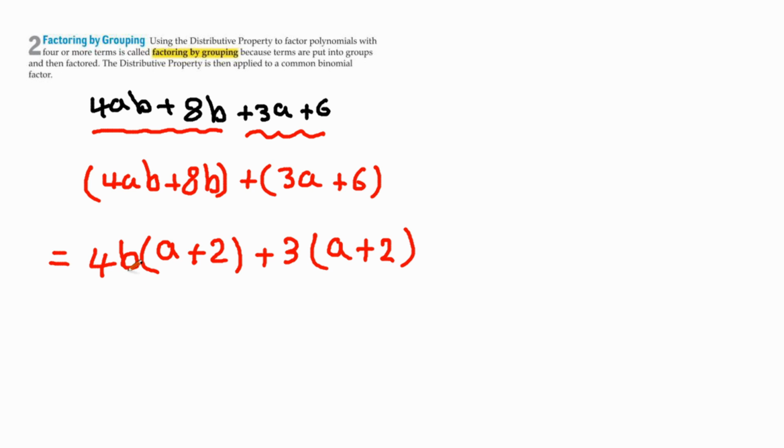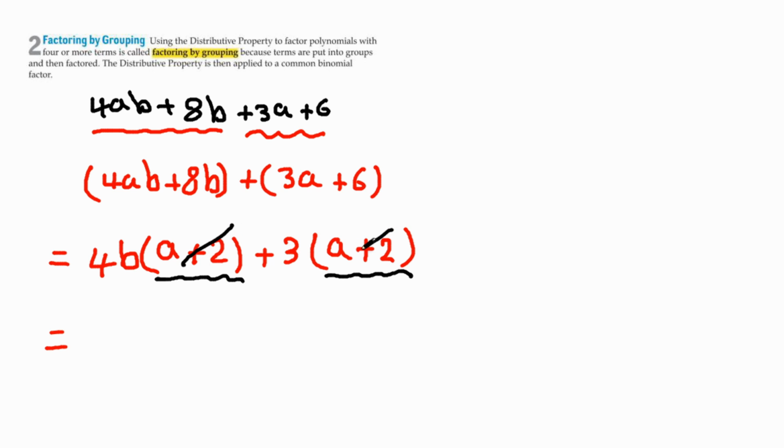Always, you can check your answer step by step by using the distributive property. If we multiply 4b by a, we get 4ab. And if we multiply 4b by 2, we get 8b. And here, same. If we multiply 3 by a plus 2, we get 3a plus 6. What do we get now? Yes, we get another common factor, which is a plus 2 and a plus 2. So we will take off again the common factor.